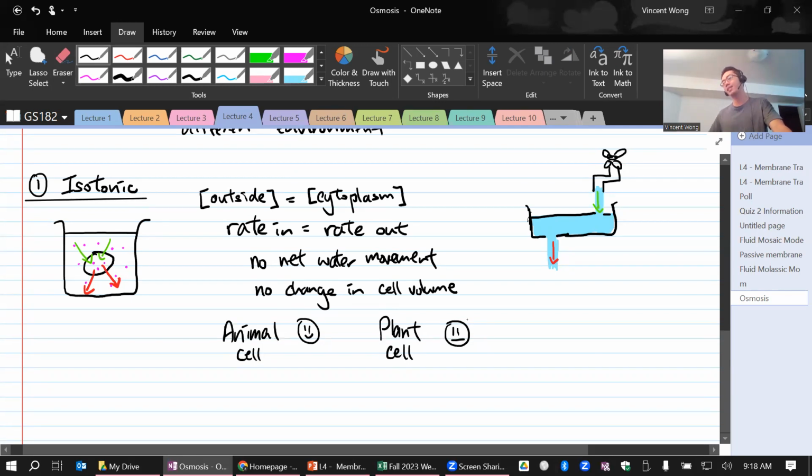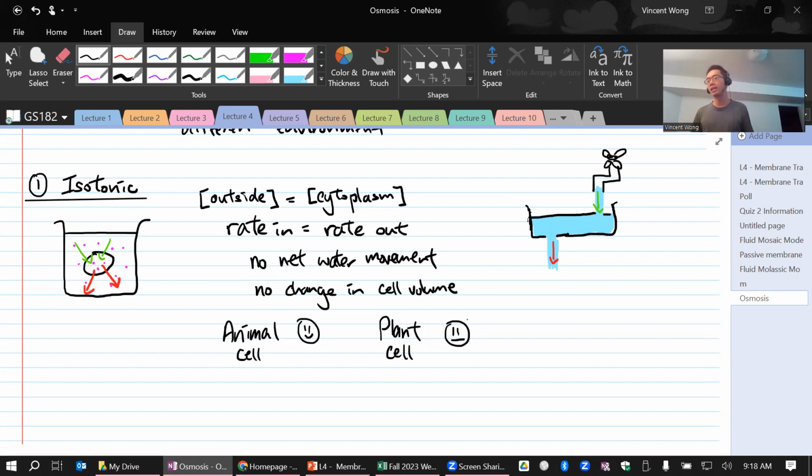Not the best, but they're not dying. This is like if you forgot to water your plants for a couple of days, they become a little bit withered, not dead yet. You can revive them. But it's not the best. That's the easiest case. Isotonic.